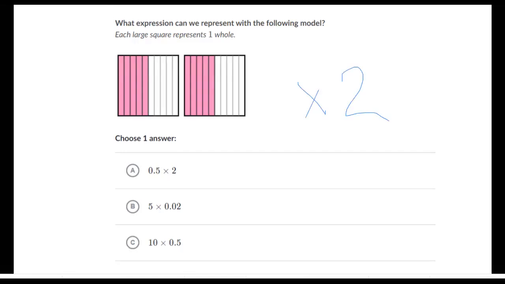Well, let's see. 1, 2, 3, 4, 5. 5 what though? It's not 5 ones. Is it hundredths? Is it tenths? Well, it's a long, skinny one, so that's tenths. So it's going to be 5/10 times 2. And we look here and we say, oh, hey, there's 5/10 times 2.